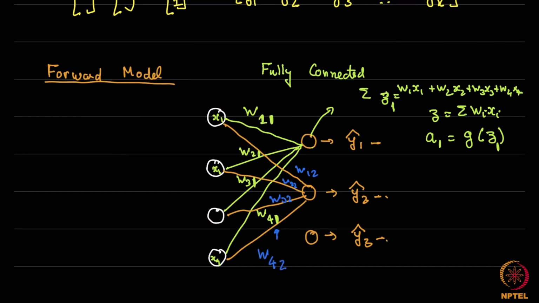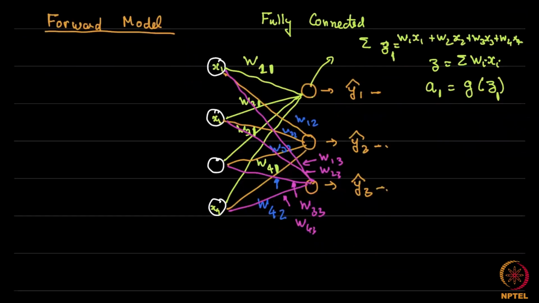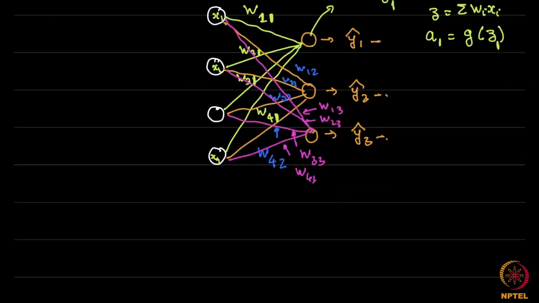Okay. Similarly, we have the third neuron. Now you can see that it gets fairly messy, but nonetheless, this is really how real neural networks look pictorially. Okay, so this is W13, W23, W33, and W43. So suppose I want Y3 hat, this quantity here, Y3 hat, we would say is a non-linear function applied on the linear activation, which was Z3.